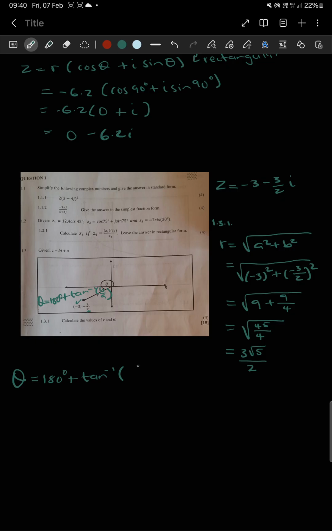So b will be 3 over 2, over a, which will be 3.